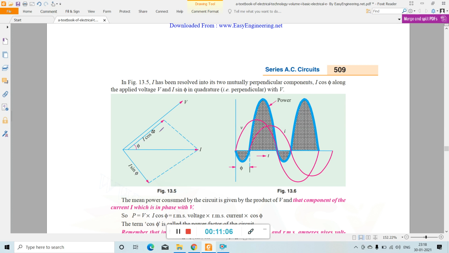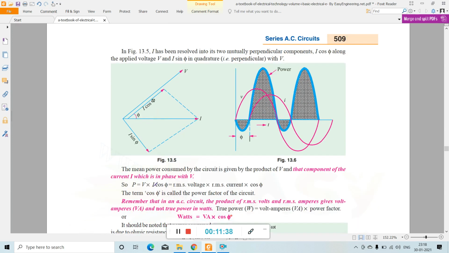If we resolve the I, the two components are I cos phi and I sin phi. So this is the I cos phi and this is the I sin phi. I cos phi is along the applied voltage V and I sin phi is perpendicular to V.